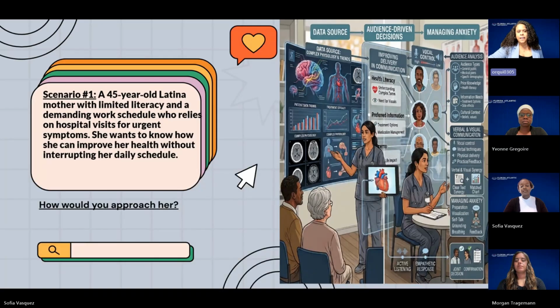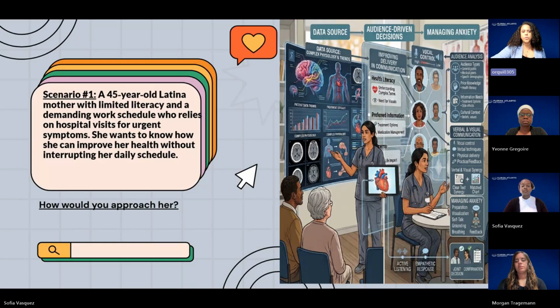Well, the first thing that we have to identify is her limited literacy needs. Does she understand? What from the things that we spoke about does she need to understand the information? We have to take into account her demanding work schedule.